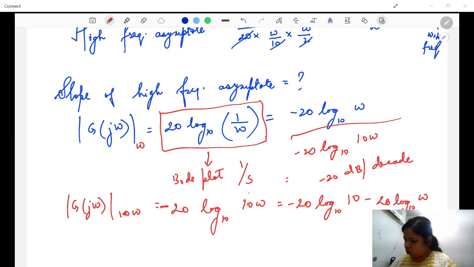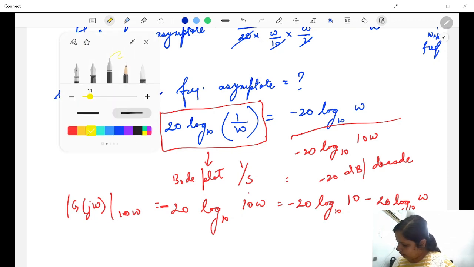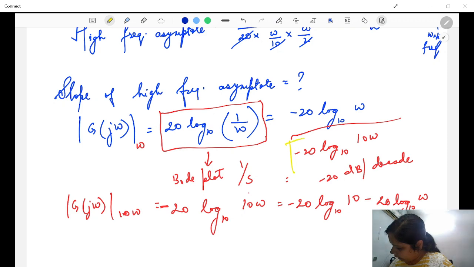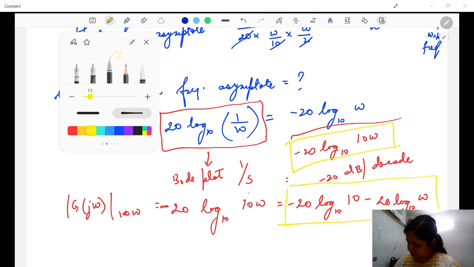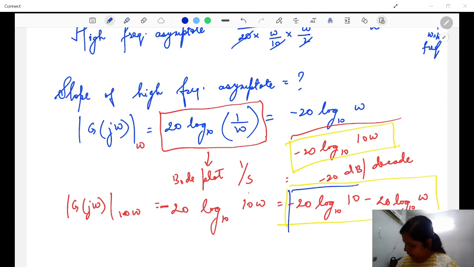So, if you try to find out the difference between these two quantities, what would you get? You'll just get this quantity remaining, and what is it? Minus 20.